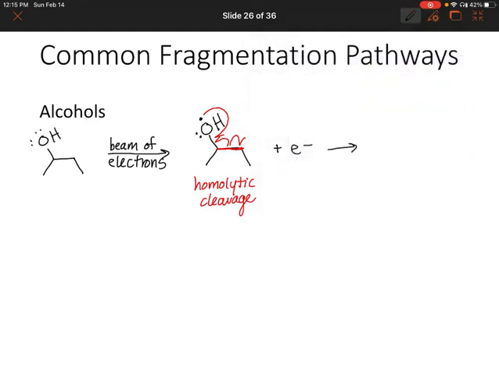So then we end up with a double bond to oxygen. Oh, and I apologize. Oxygen will actually be positively charged for both of these steps here. And then our other product is a radical.